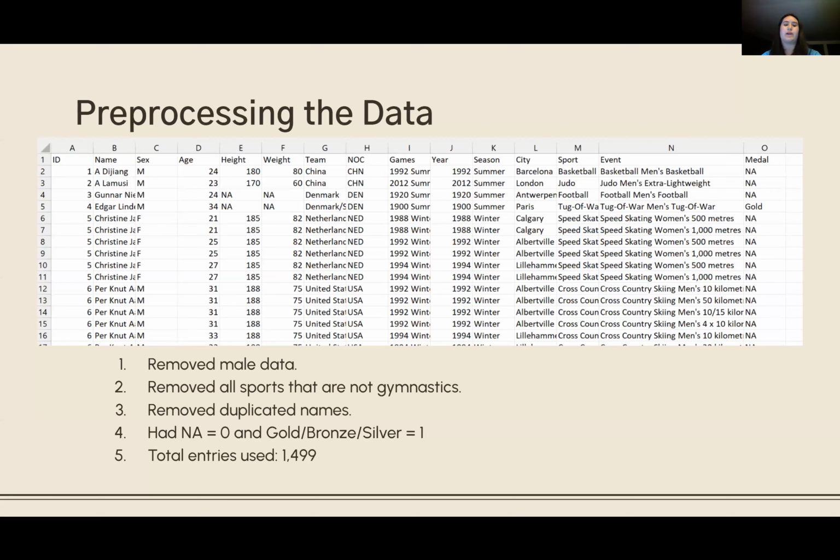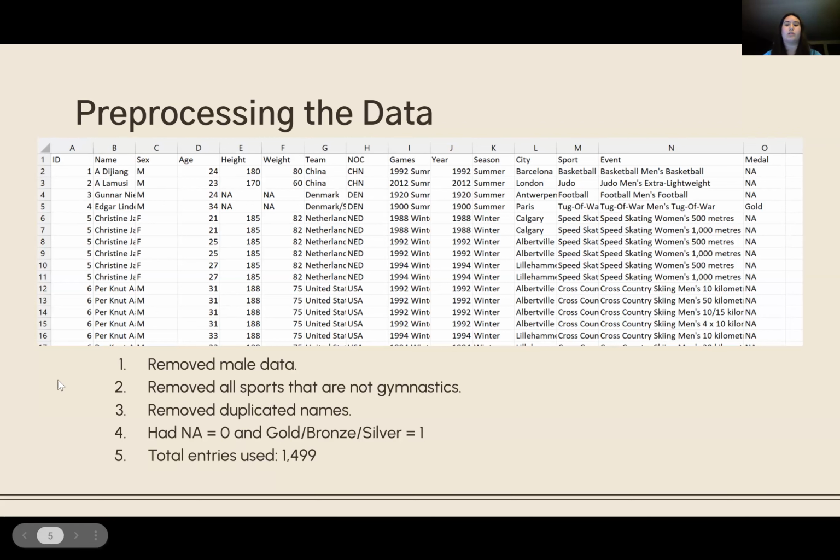So pre-processing my data, first I removed all the male data, and then I removed all the sports that are not gymnastics. And then as we can see in the name column, there are multiple names of the same person, so I had to remove the duplicates to eliminate duplicate data.